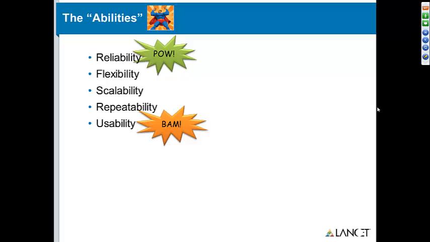From a reliability perspective, of course you need your data warehouse, your healthcare information environment to be reliable. You can think about reliability in two different ways. A lot of people think about it in terms of, well, if I go there, it's always there, right? It's always available. The server's not down. I can log in. That's one way of looking at reliability. Another way of looking at reliability is the data itself, right?